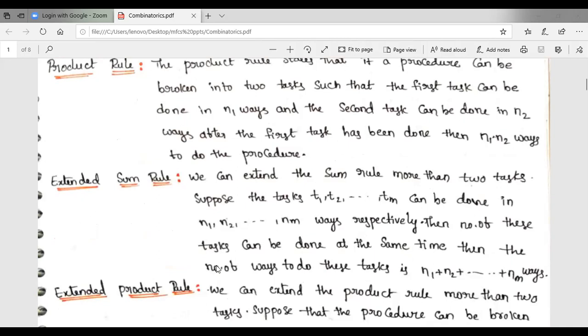Then the number of ways to do these tasks is n1 plus n2 plus and so on plus nm ways.